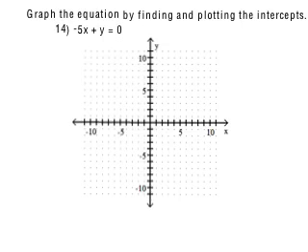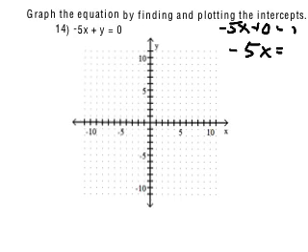We'll stick in a 0 for y first. So that gives us negative 5x plus 0 equals 0. So we get a negative 5x equals 0.